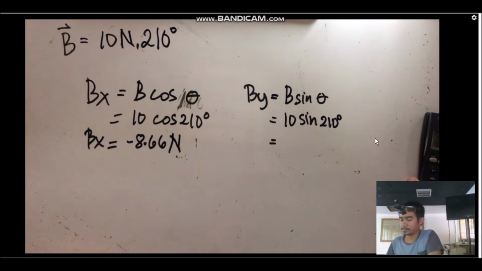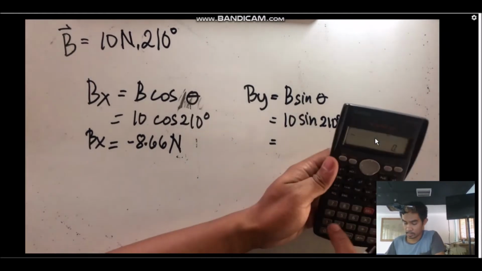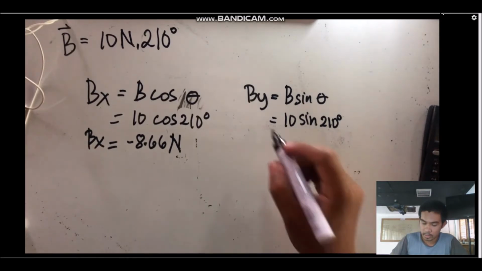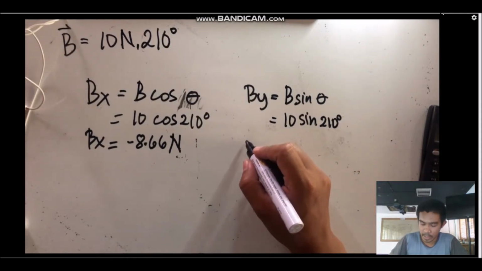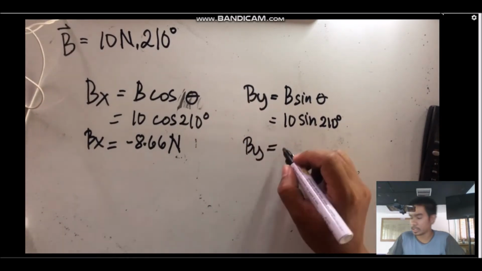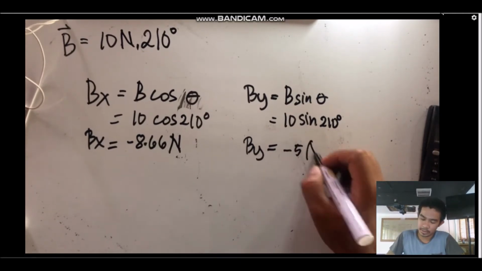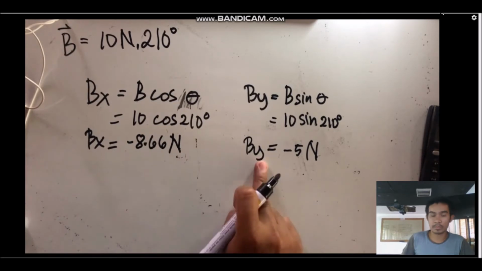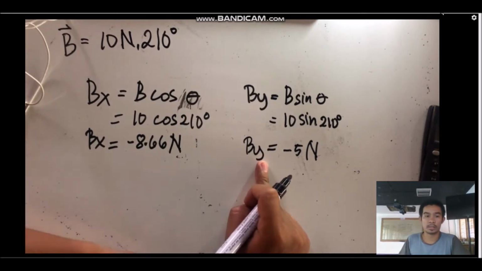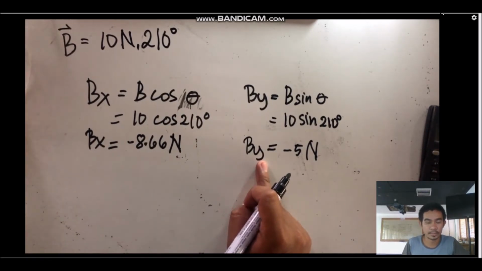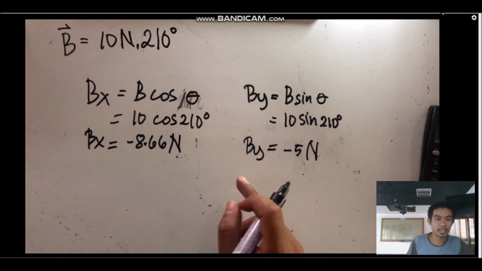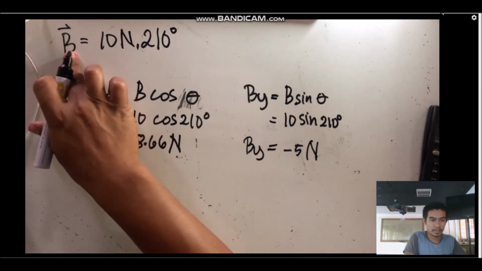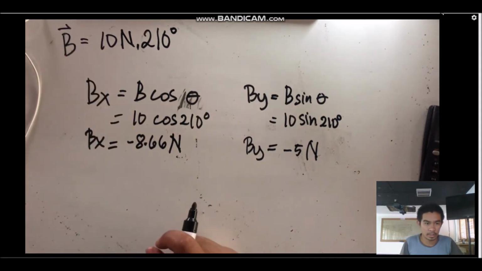So B y equals negative 5 Newton. So see, both the x component and y component are negative, right? So we can now express this vector B in terms of its components.